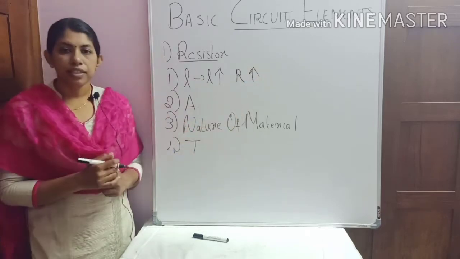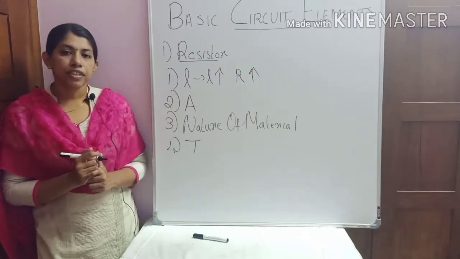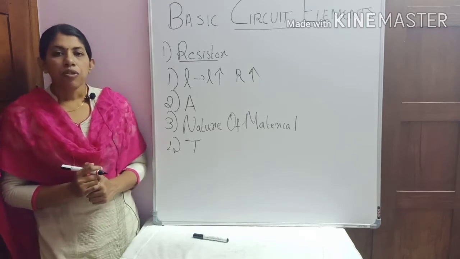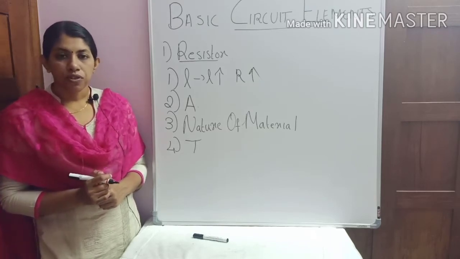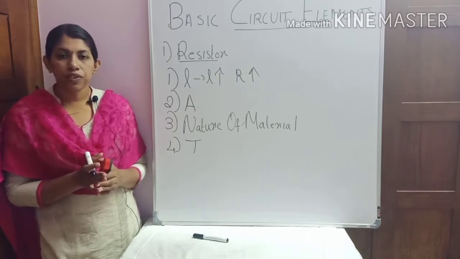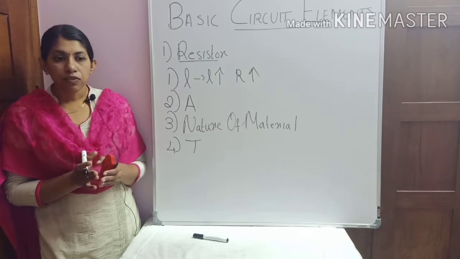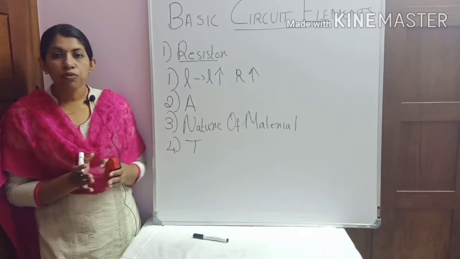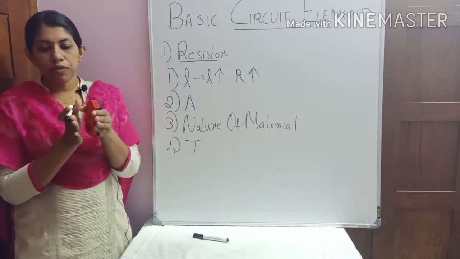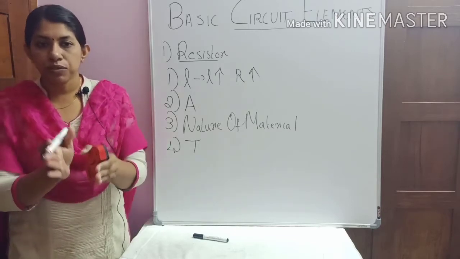Now let us see the next factor, area of cross section of the conducting material. Imagine you have increased the area of cross section of the conducting material. The electron will get a chance to move freely through the material. Suppose initially the electrons have only this much space to travel through the conductor.